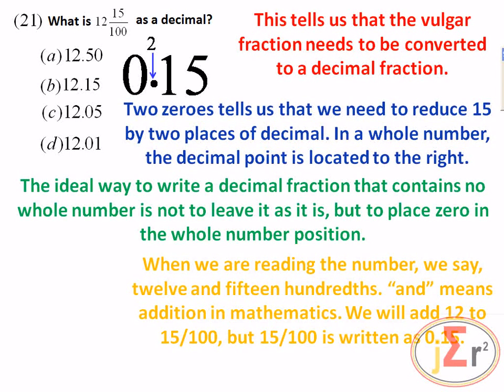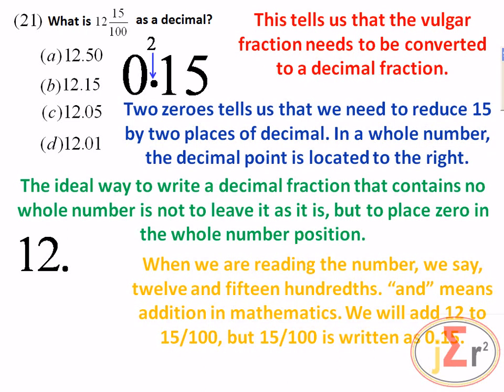And means addition in mathematics. We will add 12 to 15 hundredths. But 15 hundredths is written as 0.15. So we have 12 to be added to 0.15. And in 12, like in any whole number, the decimal point is located where, Jerry?